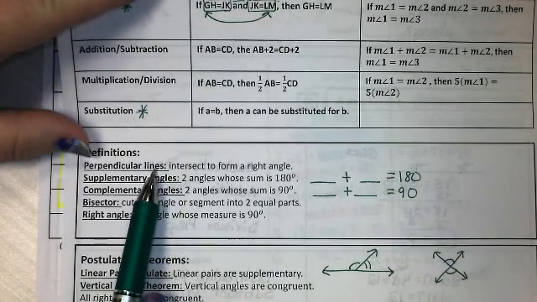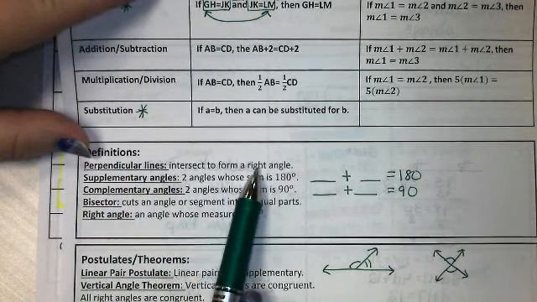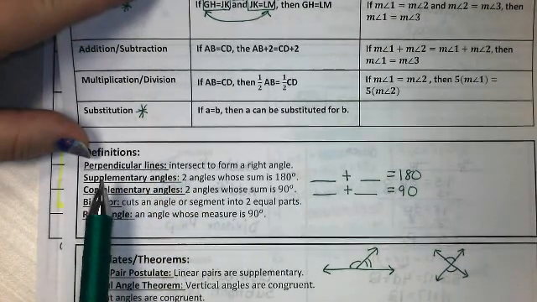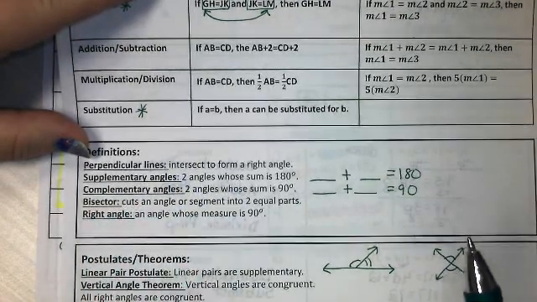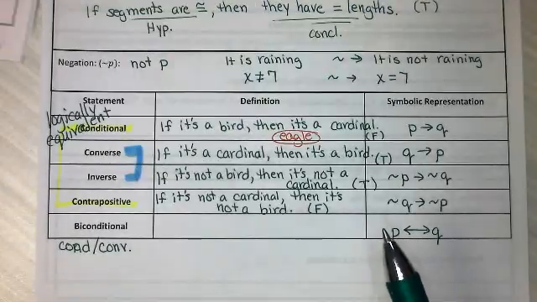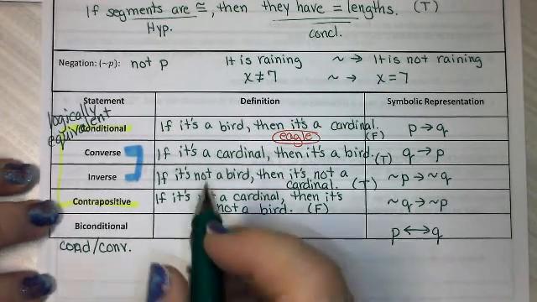If I were to say, if lines are perpendicular, then they intersect to form a right angle. Let's flip it around. If lines intersect to form a right angle, then they're perpendicular. Well, those are both true. So I can write that as a biconditional statement. And here's what it looks like.